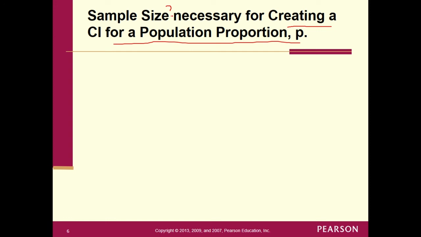We are just giving you an idea of the steps that a researcher might have to do to figure this out. So there is a formula, but instead of just giving you the formula and saying, magically, there it is, I want to show you where it comes from.